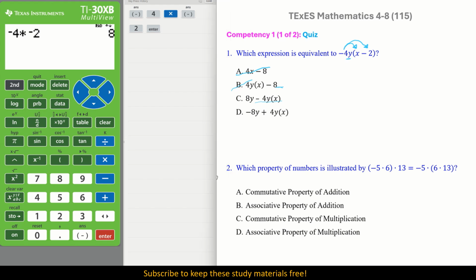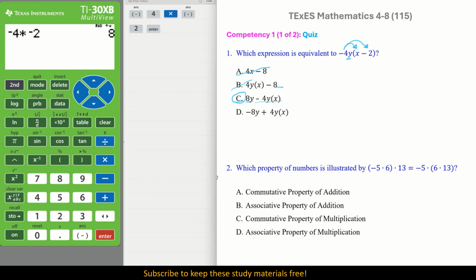And don't forget that y. And it does have a y. It looks like they've just shifted the position of your 8y and your negative 4yx. That's fine. That's just the commutative property in action. So I would say C is the best answer.